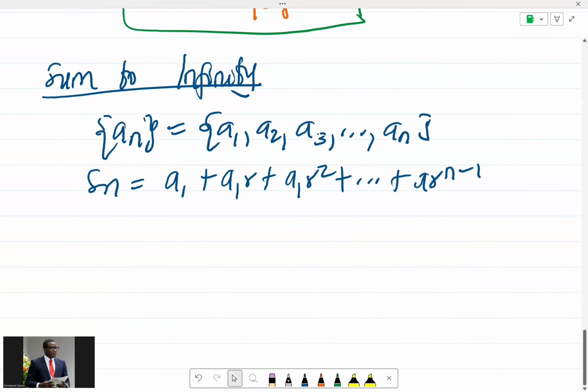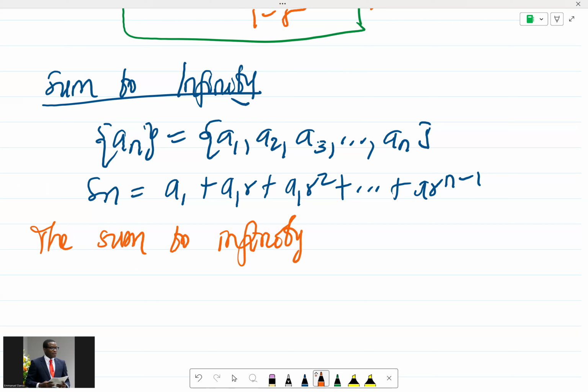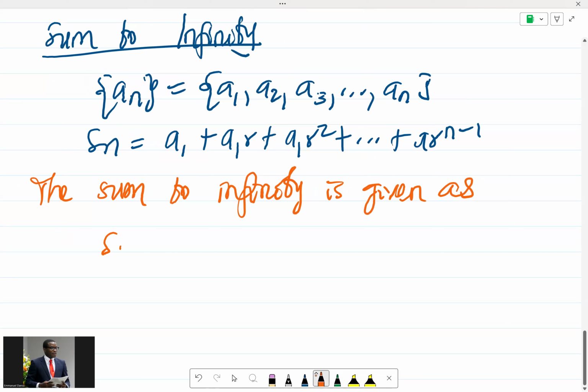So the sum to infinity is given as S infinity, which is equal to the first term A1 divided by 1 minus the common ratio.